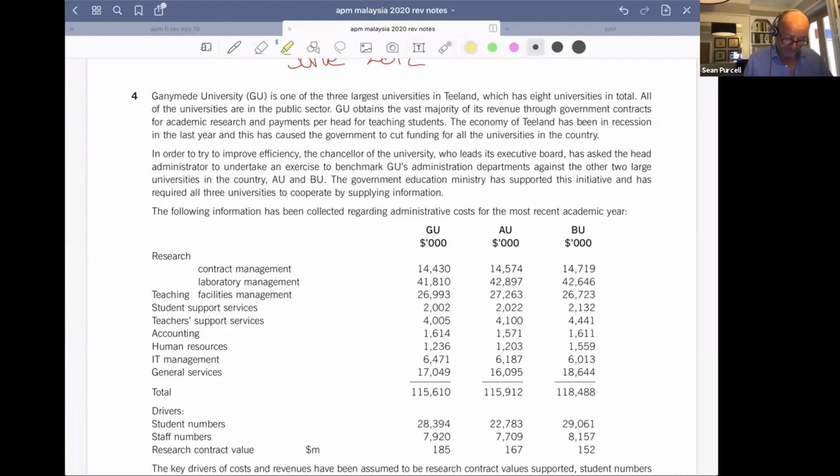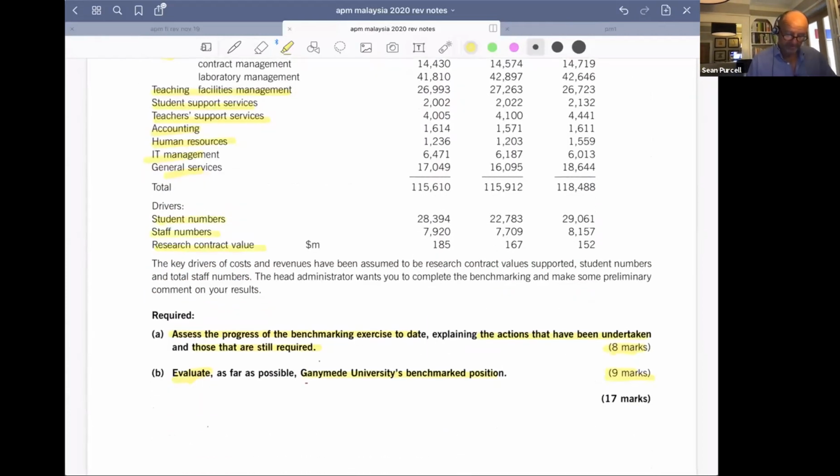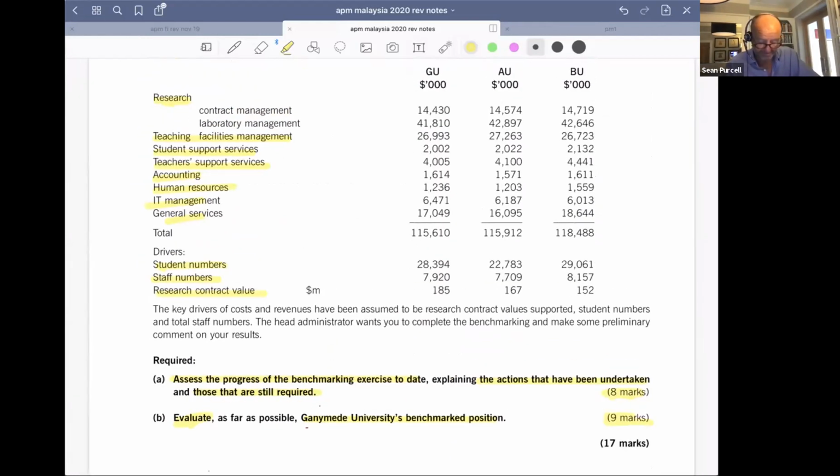So they've got information on their research, on their facilities, student support, their accounting, and they've got various drivers, student numbers. So just by looking at that, it explains the key drivers of cost and revenues have been assumed to be research contract values, student numbers.